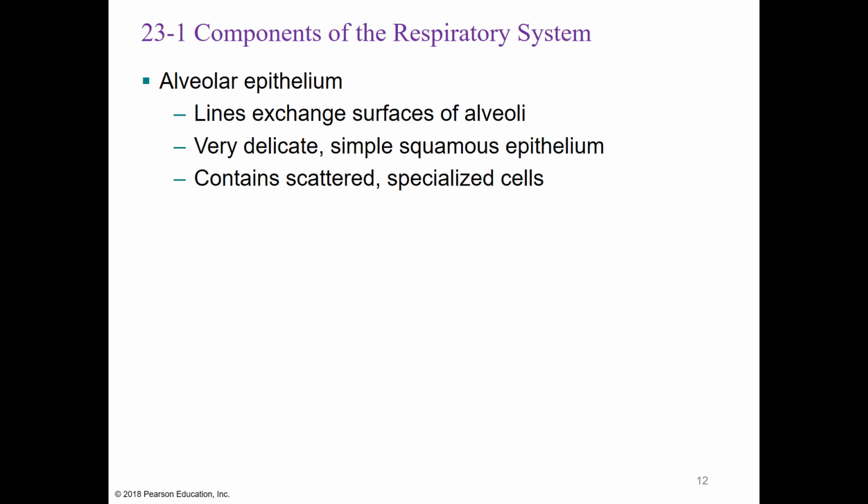So we hopefully remember that simple means one cell layer thick, very thin, and squamous means irregular shape, thin cells. And so the simple squamous epithelium here makes a lot of sense because we are trying to diffuse gases across the alveoli, so we would like it to be nice and thin.